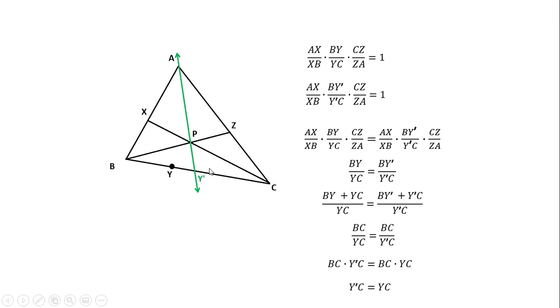So therefore, based on the hypothesis that AX to XB times BY to YC times CZ to ZA was equal to 1, we can say that those three Cevians are concurrent with each other.